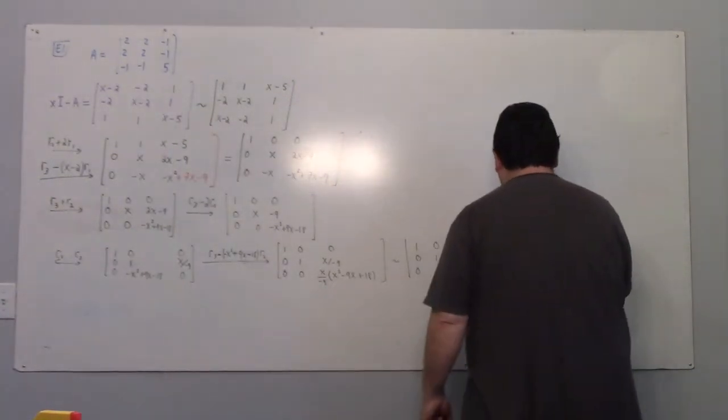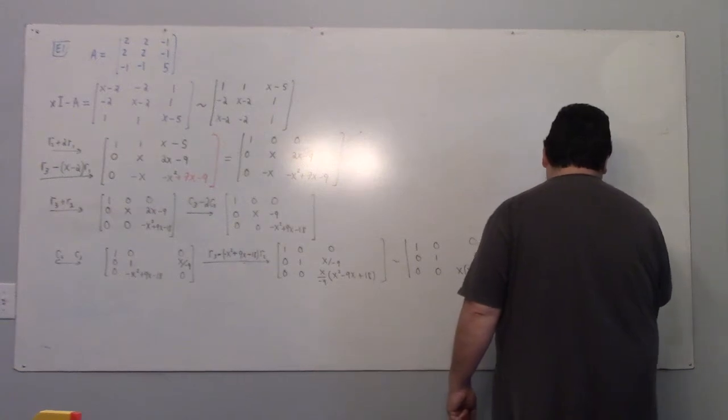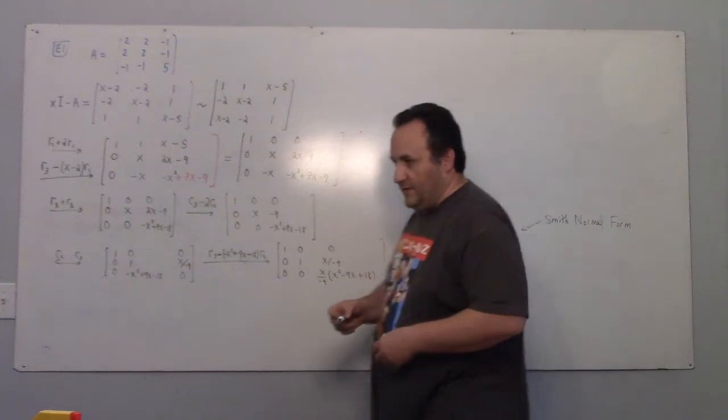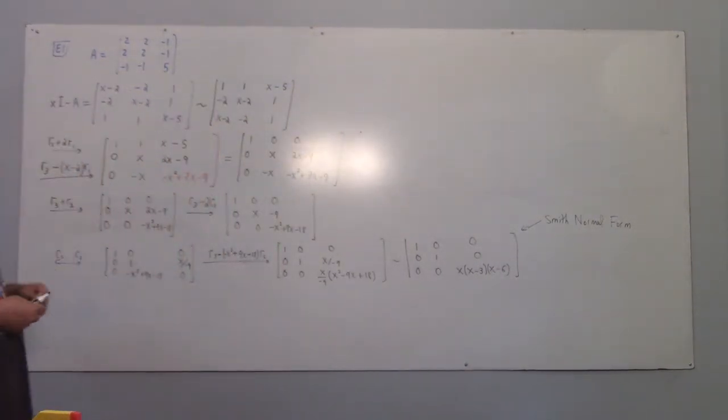If you have the Smith normal form, you can write down other things like the rational canonical form for the matrix and such.